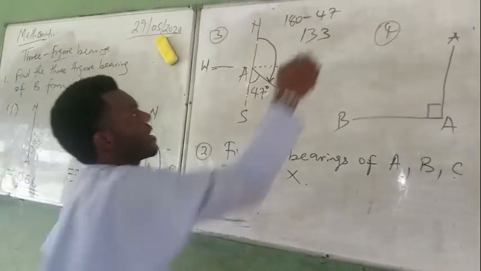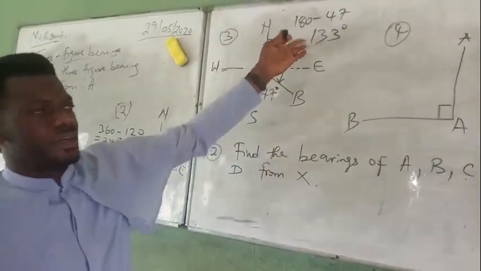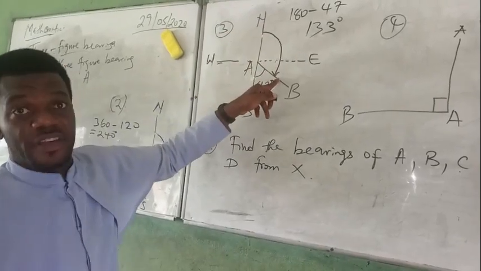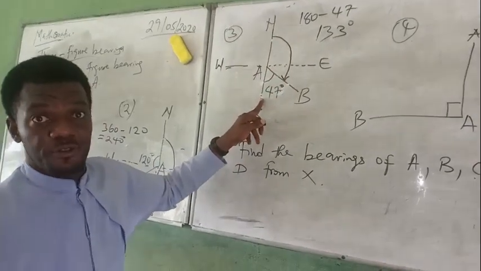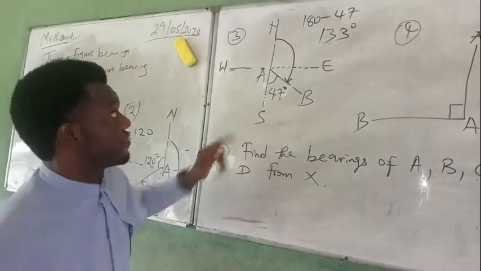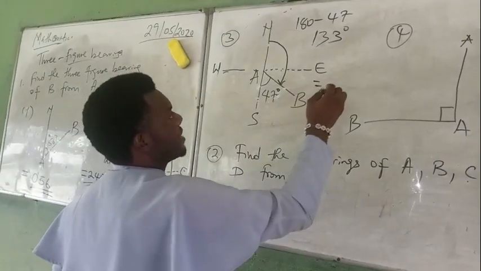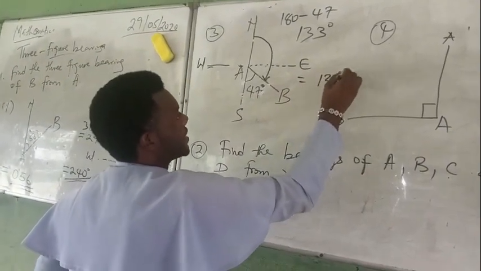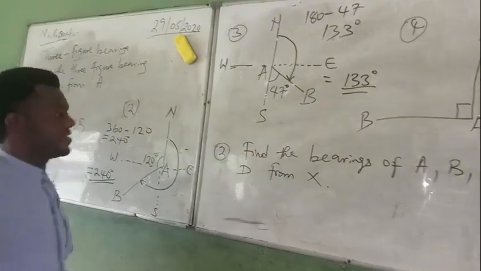So 133 degrees is from here to here, while here is 47 degrees. So the three-figure bearing for this one is 133 degrees. That is the answer for this number 3.